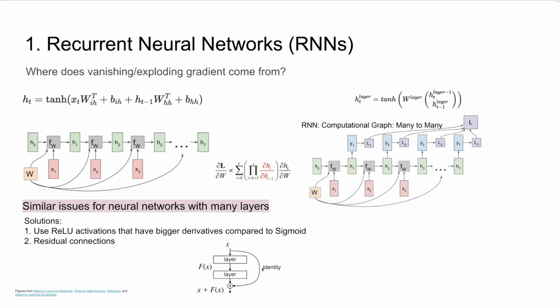The other thing that's very famous is residual connections. In addition to having the X go through the stacked layers, you can also have a shortcut that directly adds this X to the output of the layers.